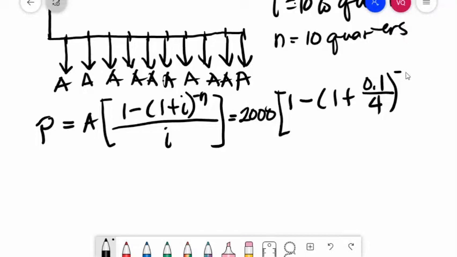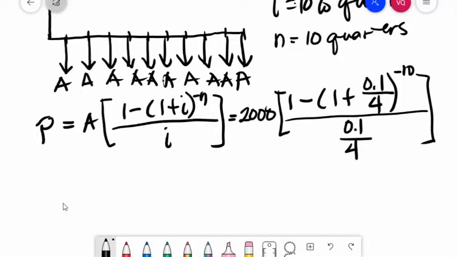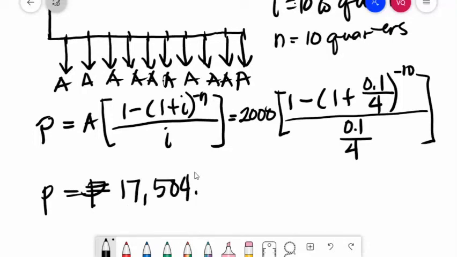So, this is already negative 10. Divided by I is 0.1 all over 4. So, our P is equal to 17,504.13 pesos.